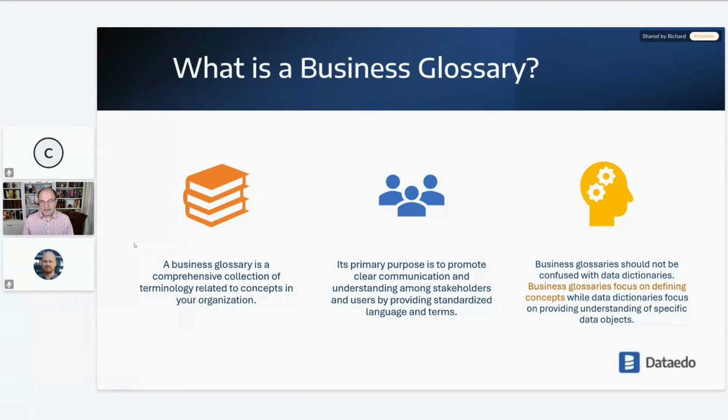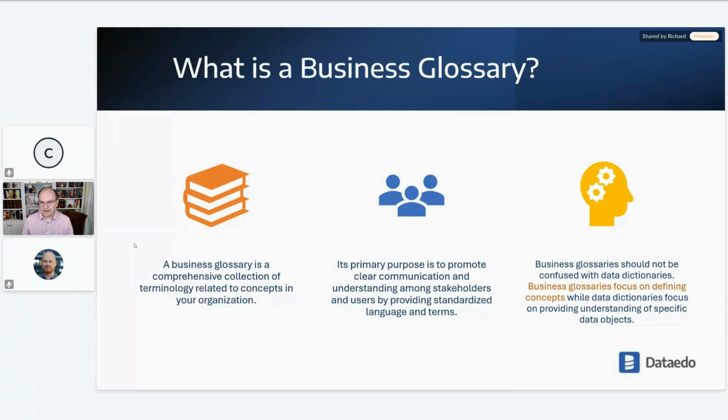The purpose of that is to promote and enable communication. It standardizes these terms and definitions so that people can communicate effectively, and by extension, understand what the concepts mean and understand how they're properly used and interpreted in other places, such as reporting. It's all about that standardized understanding of the terms and definitions.